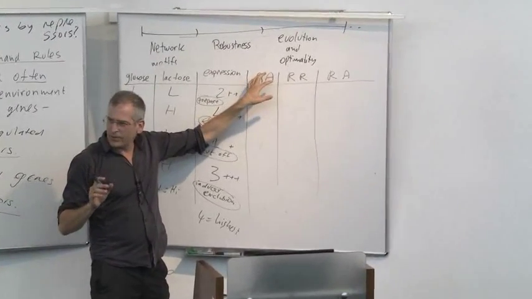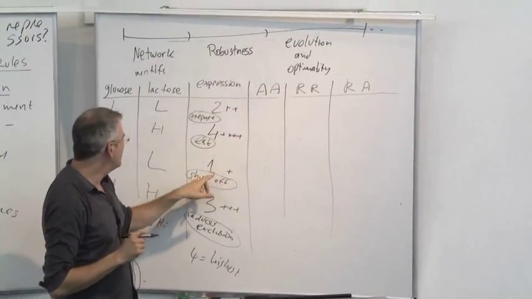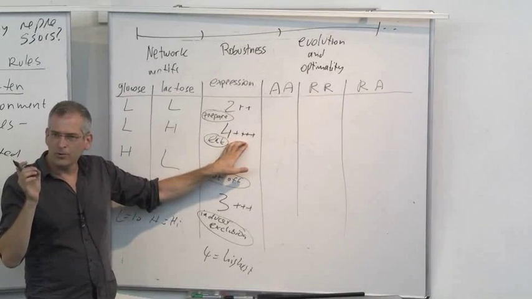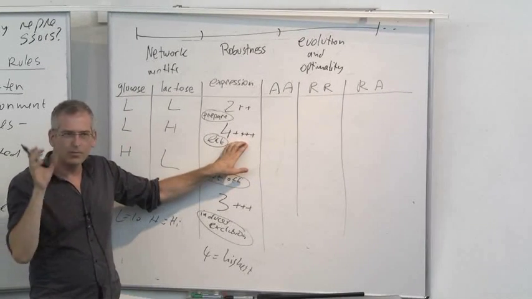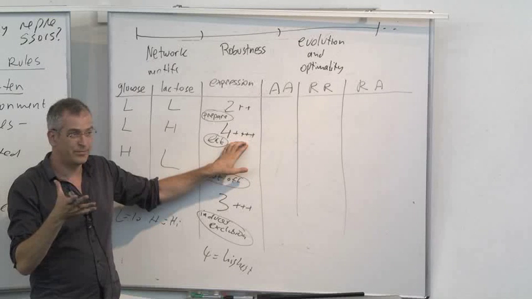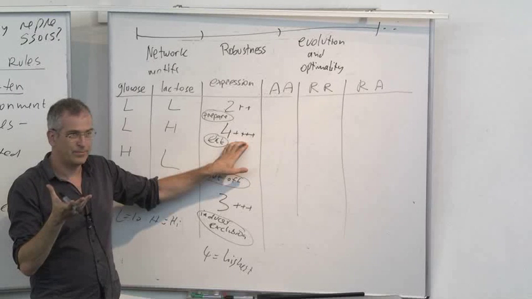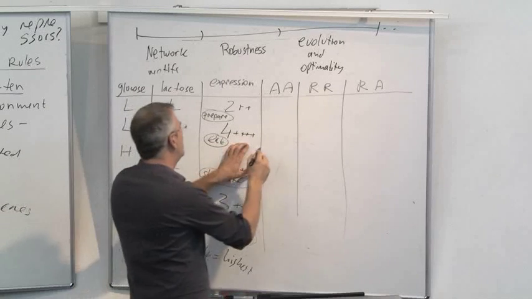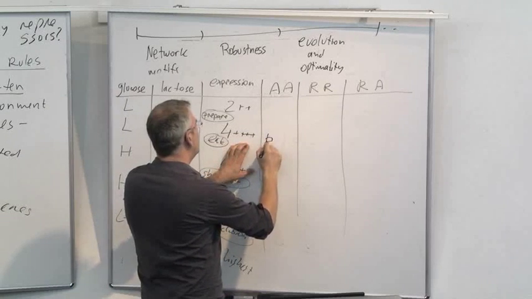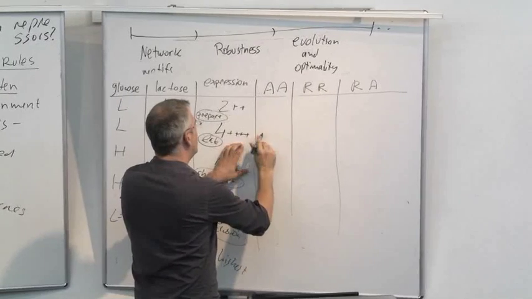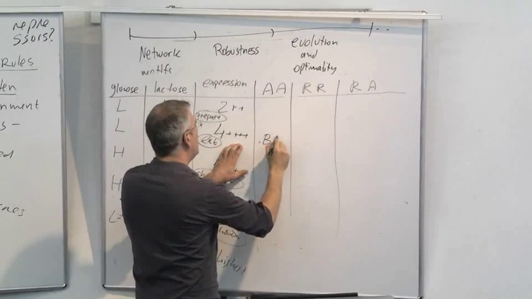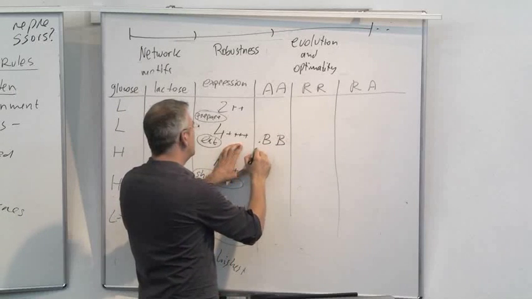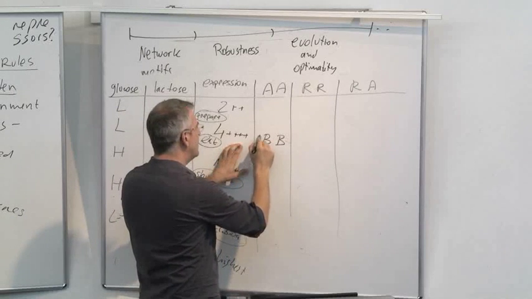So the activator, activator, let's look at the highest expression level. Activator, activator mode, the highest expression level means that both activators are bound, right? So here, it's bound, bound, and that's the least error prone state.